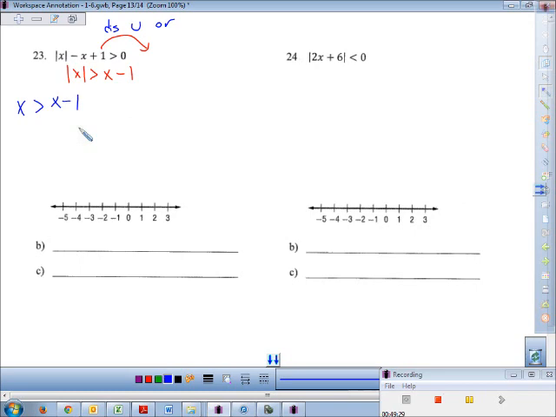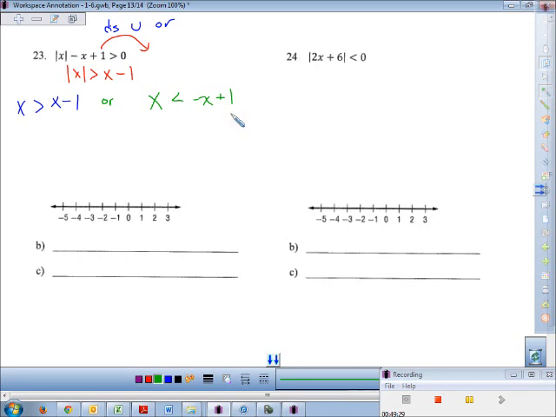Cool? Word is or. Take what's in the bars, switch the symbol, switch all the signs. That would become a negative x. That would become a plus 1. You okay with that setup?